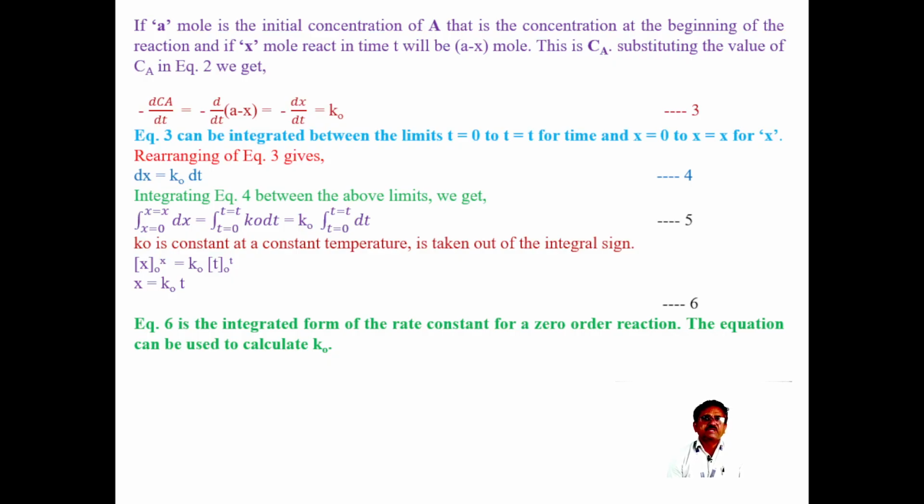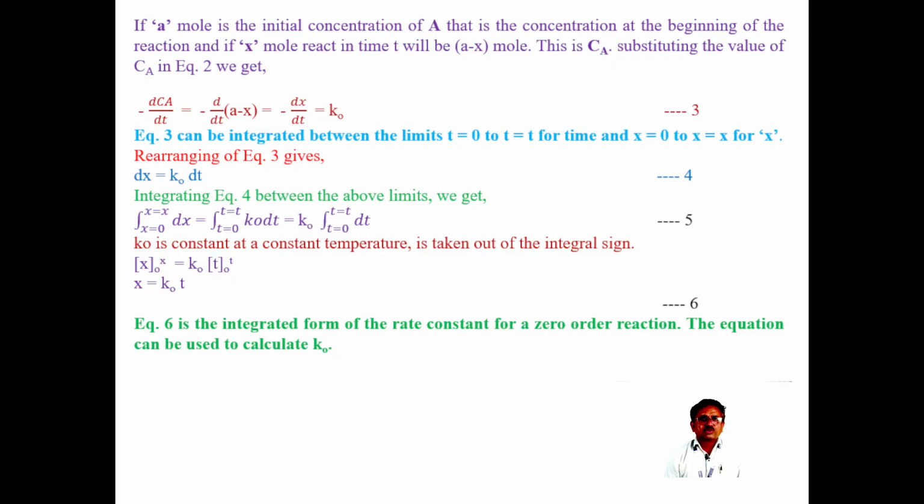Now this equation 3 can be integrated between the limits t equals 0 to t equals t for time, and x equals 0 to x equals x, that is the change in concentration. Rearranging this equation, we can write dx is equal to K0 dt.